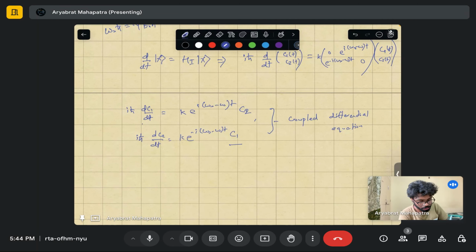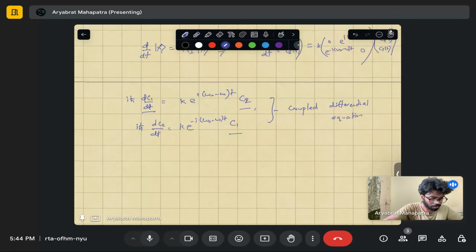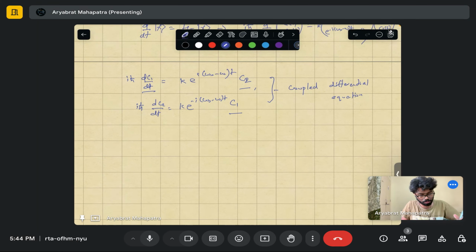The C1 derivative is with C2. So in order to solve for C1 and C2, you have to first decouple them. You have to get a differential equation only in C1, along with its derivative dc1 by dt. In the same way, you write the differential equation only in C2.